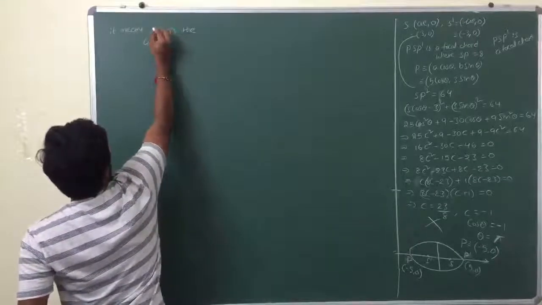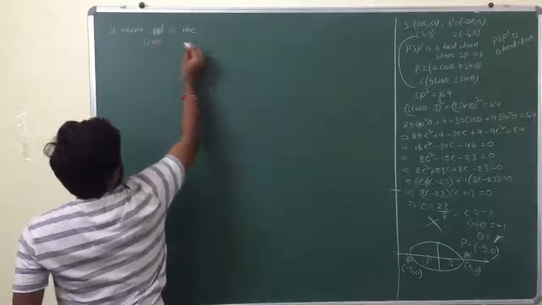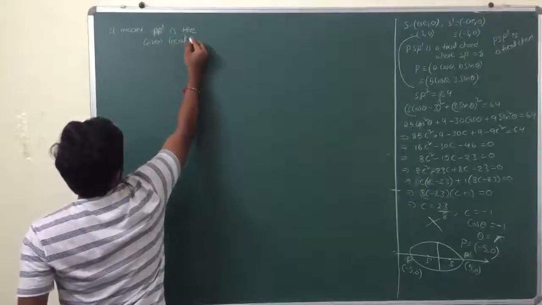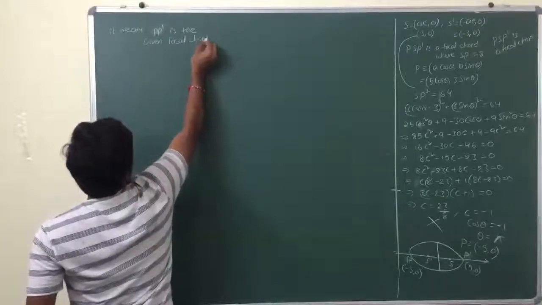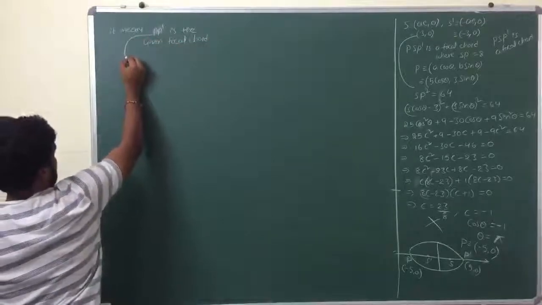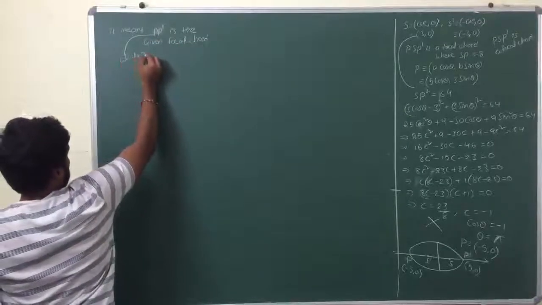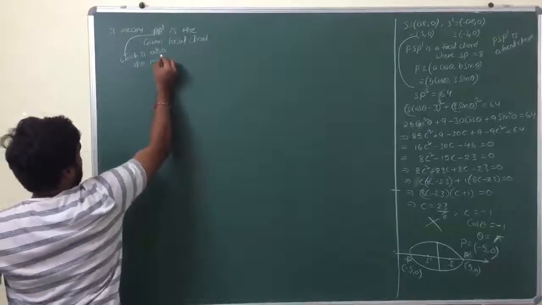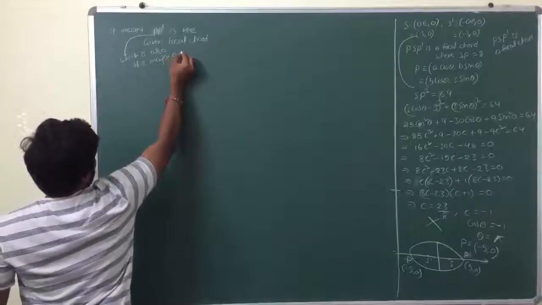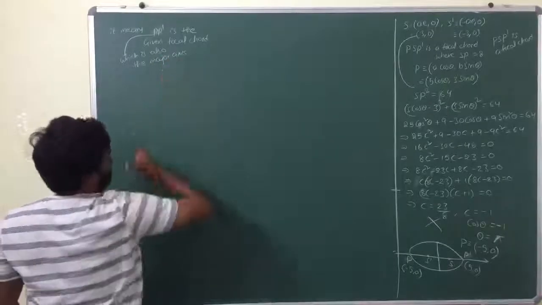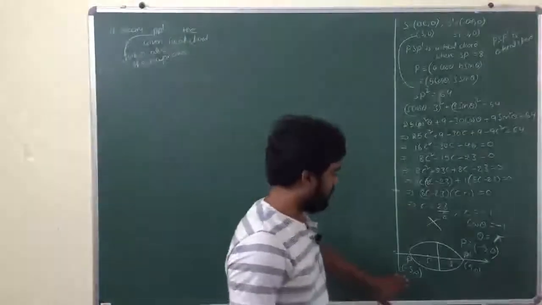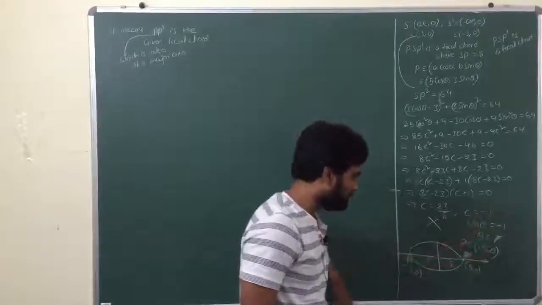P dash is the given focal point, which is also on the major axis. So here the major axis is nothing but the focal point.